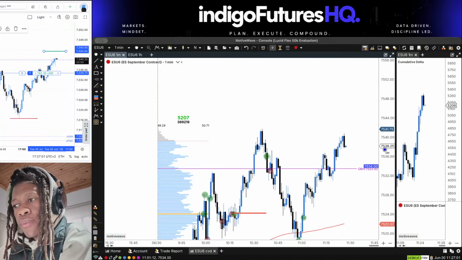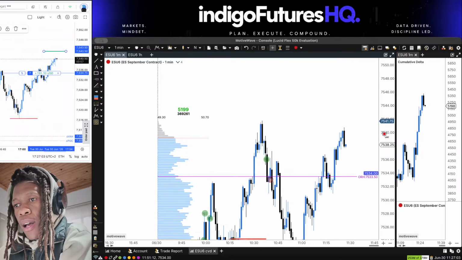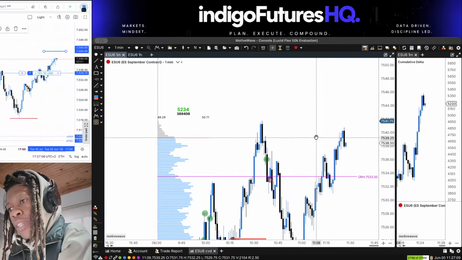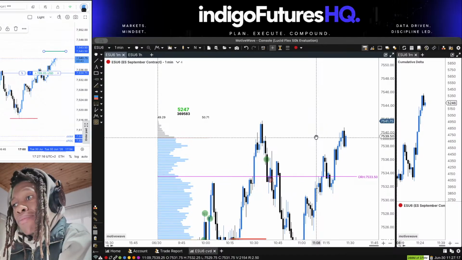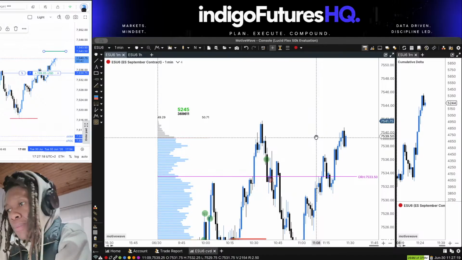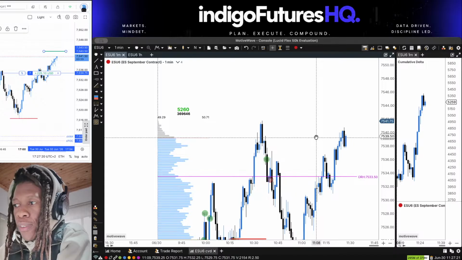Let's zoom this out a little. Again, we're looking at this 539.25. We need a clean break above that, which I guess on trade C we've not really got, but we are above 539.25. And here we go.